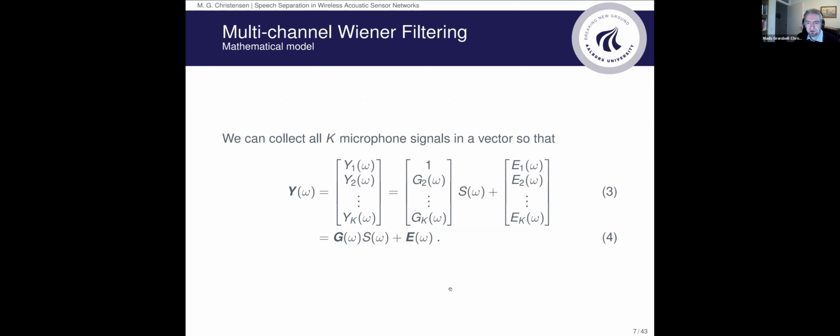And we can, of course, collect all the K microphone signals in a vector such that we have it nicely and compactly written like this. So we have our observed signals for the different microphones here. For frequency omega, we have the different acoustic transfer functions, T_k, which are just scalar quantities that are multiplied onto the S here, which is a scalar quantity. And then we have different noise signals here.